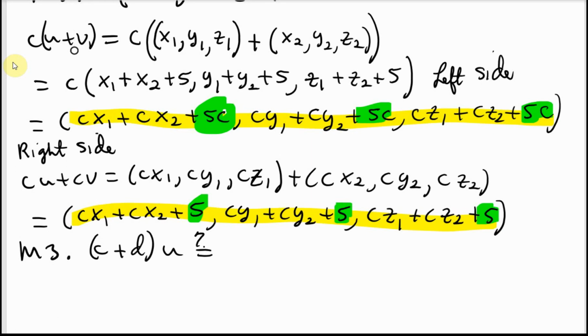Is that the same thing as c times u plus d times u? So the left side, c plus d times the u. So this is c plus d times x sub 1.